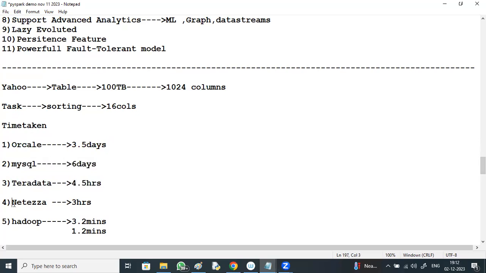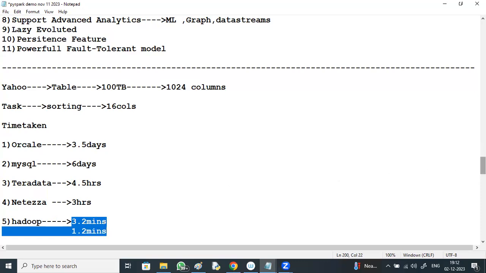Teradata is a specialized database used for data warehouse purposes, and it took hours. Netezza, another specialized data warehouse database, took 3 hours. But Hadoop took 3.2 minutes. These databases took days or hours, but Hadoop took minutes.